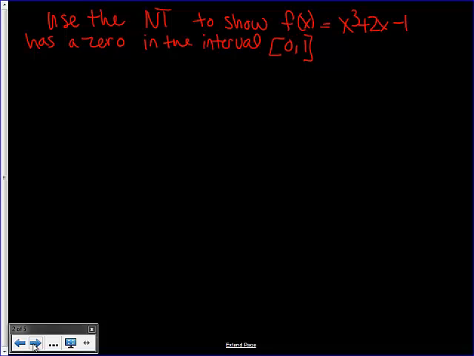For f of 0, we're going to find out what f of 0 is. We're plugging in my two interval endpoints. So, plugging that in, I have 0 cubed plus 2 times 0 minus 1, which is just negative 1. So I know that f of 0 equals negative 1.